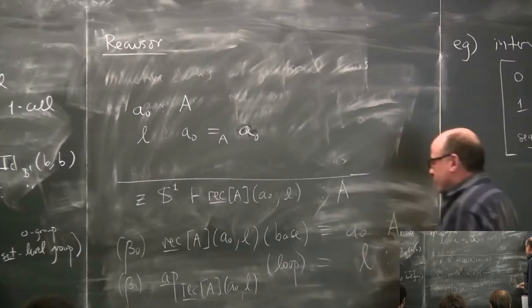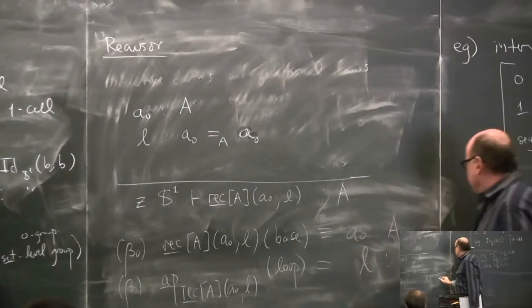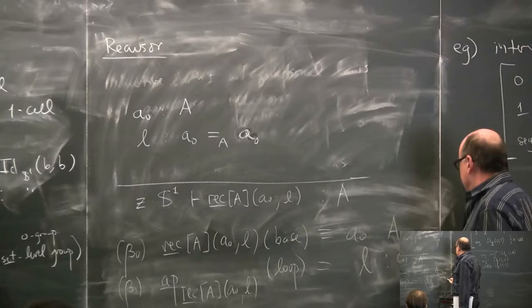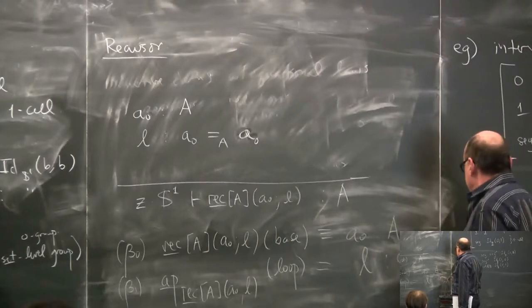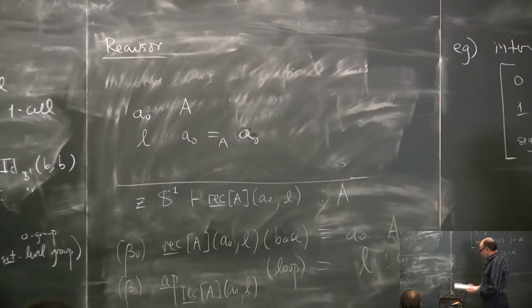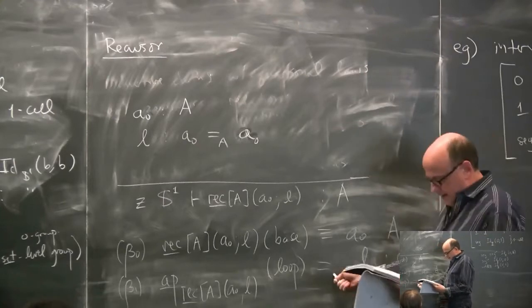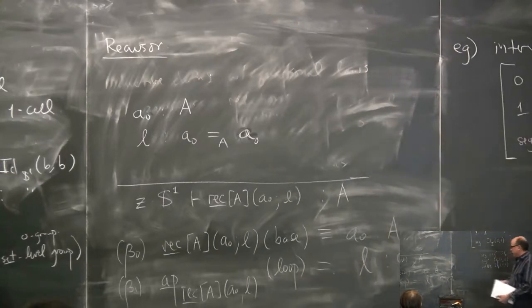This should be L, which is in A0 equals A0. Okay, A0 to A0, and I think that will actually work. This will go down here, and yes, I think that'll be right. So you would expect that equation.